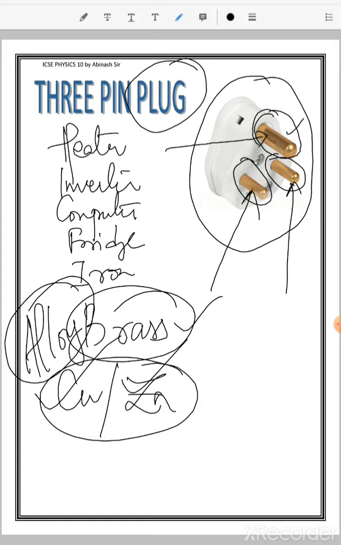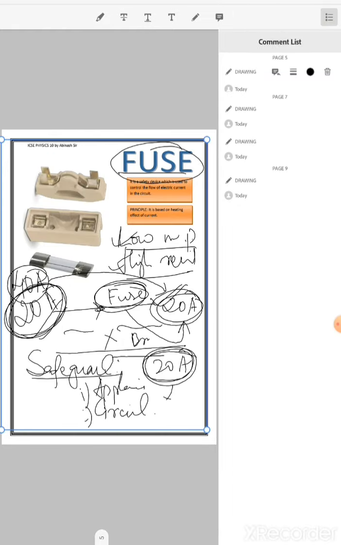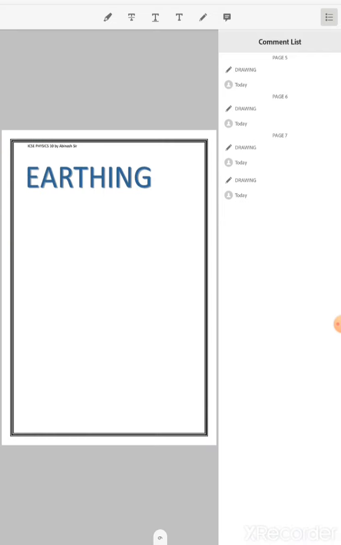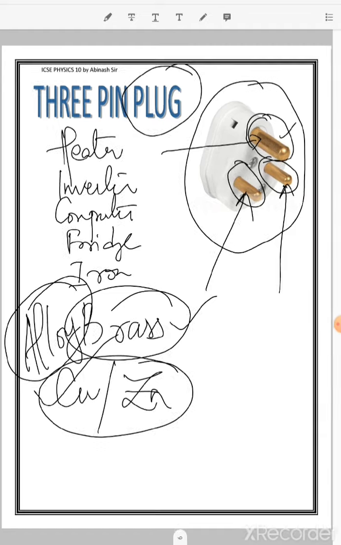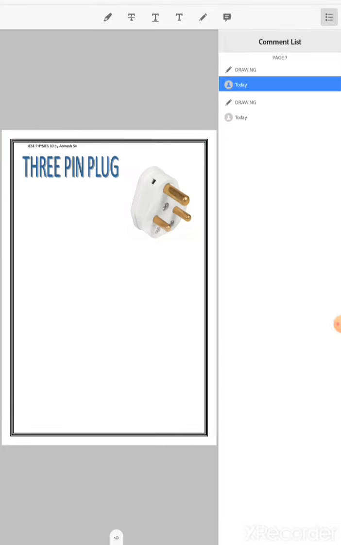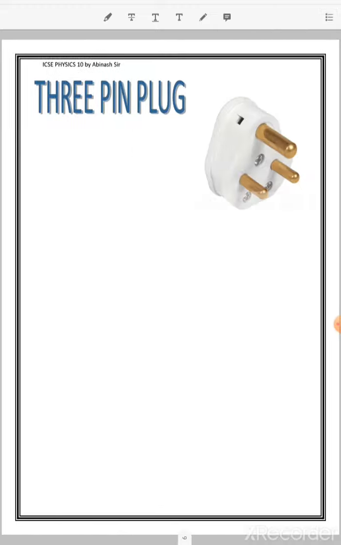Among these 3 pins that you have here in the plug, on the bottom you see these 2 pins, they look somewhat similar in size and shape, isn't it?